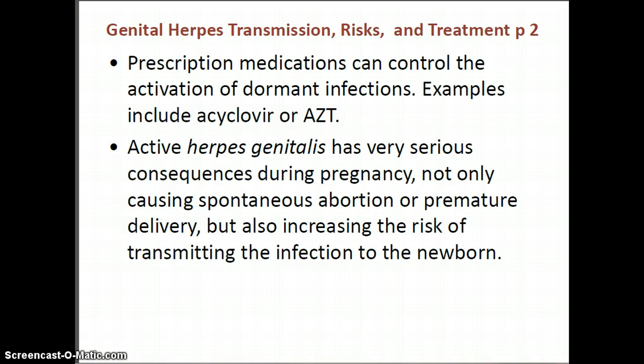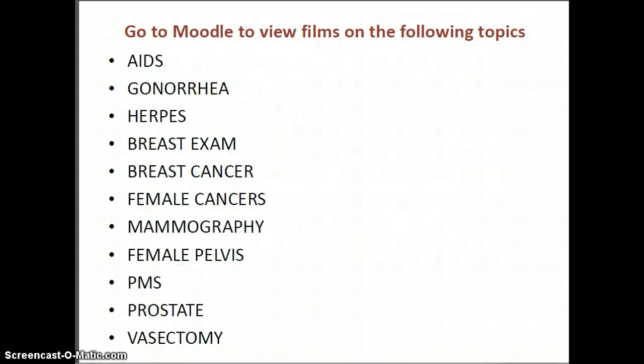That's really the only way to stop the spread of these conditions. All right, prescription medications can control the activation of dormant infections, and notice that AZT, which is a drug also used to treat HIV, is often used. The active virus has serious consequences during pregnancy, can cause spontaneous abortions, premature delivery, and also increase the risk of spreading this condition to the newborn child.